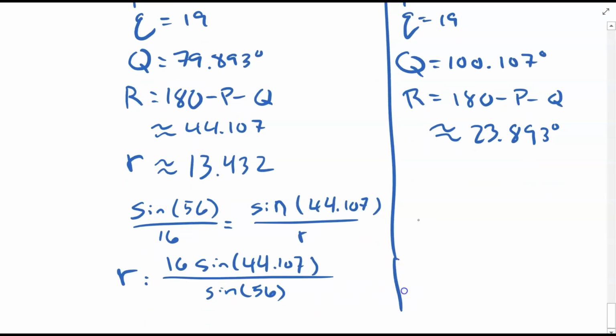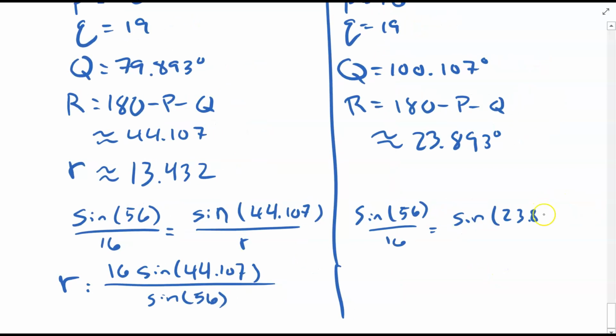If I do the same thing then over here, sine 56 over 16 equals sine 23.893 over r.